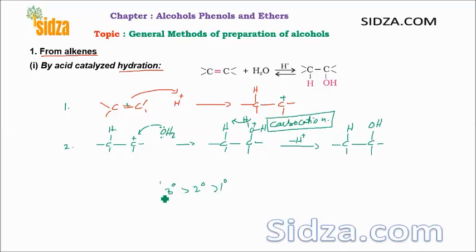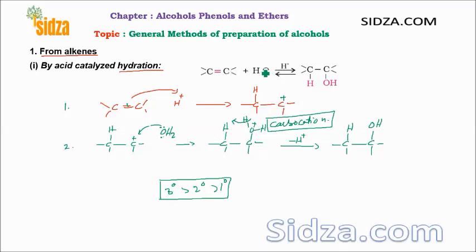This is very important. We'll do a couple of examples and see the difference due to the formation of different types of carbocations during these acid catalyzed hydration reactions. So the net reaction is addition of water in acidic medium, and you get alcohols from alkenes. One carbon gets hydrogen, and the other carbon gets hydroxide.